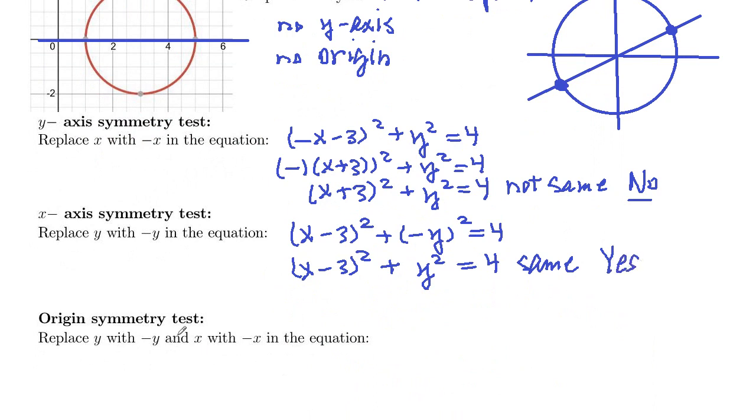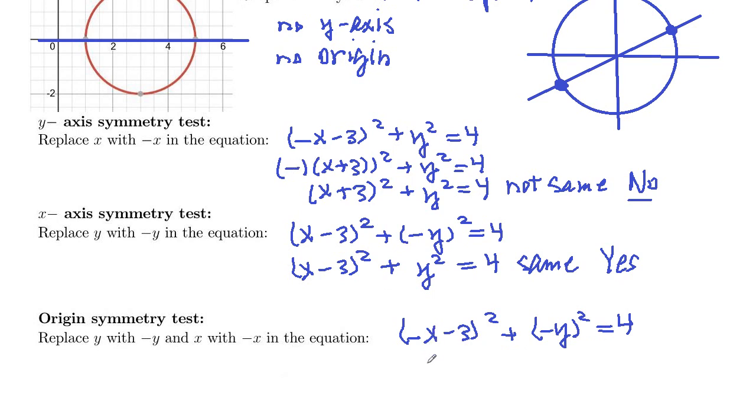And then origin symmetry, you're going to swap out y with negative y and x with negative x. So we're going to have this piece and this piece. So it'll be minus x minus 3 squared plus minus y, squared outside the parenthesis, equals 4. And we simplify this and see if it's the same as the original equation. So in this piece, we're going to factor out the negative like we did here.